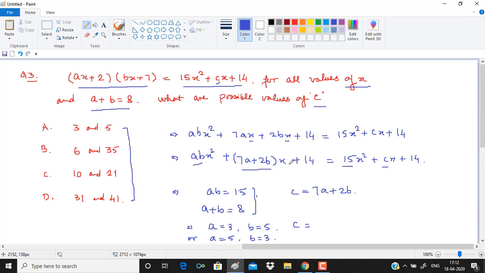In the first case, we'll be putting the value of a as 3 and b as 5. So I get 21 plus 10. That gives me 31. And in the second case, when I put a as 5, I get 35 plus 6. That gives me 41. So two options, 31 and 41. It means D is the right choice.